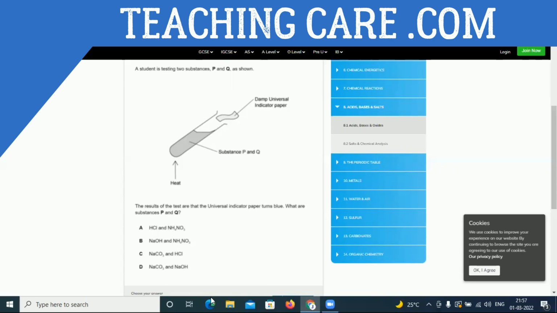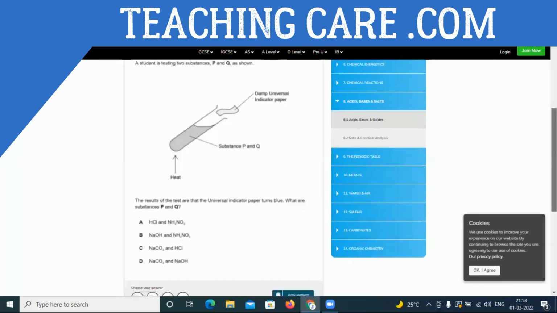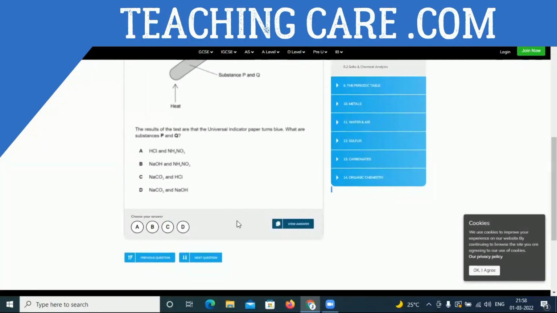B. It will be NaOH plus ammonium nitrate will give you sodium nitrate plus ammonia gas and water. So the ammonia gas will turn it into blue color. Got it? Got it.